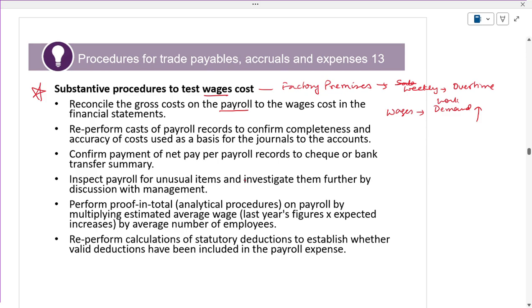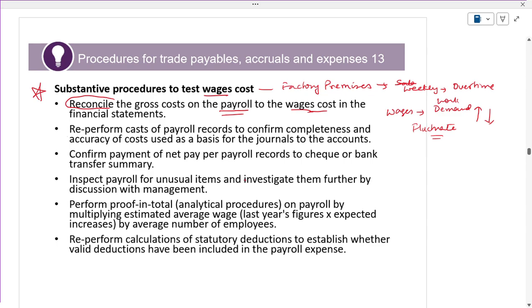If the work demand is less, we will hire less. It will fluctuate, so you have to be a little bit careful. We reconcile the gross cost on the payroll to the wages cost. What we have shown in the payroll and the statement, and the wages cost: the reconciliation means both should be the same.